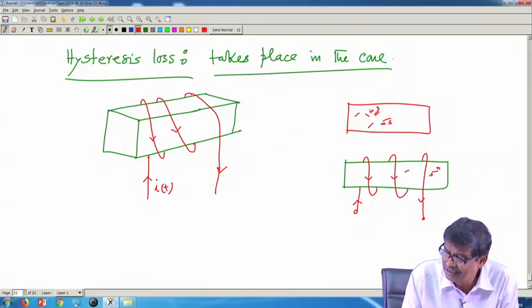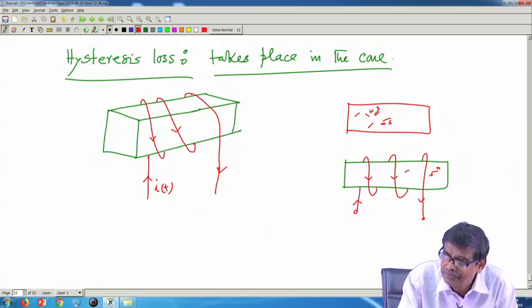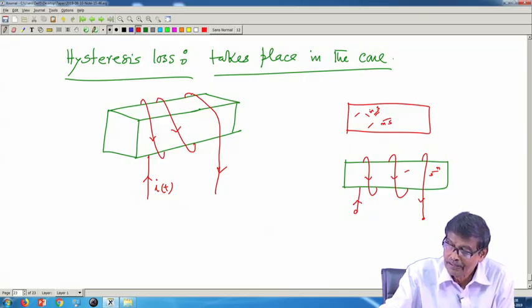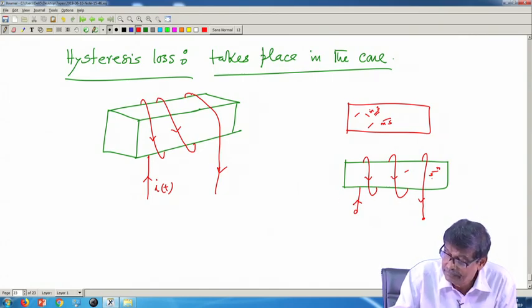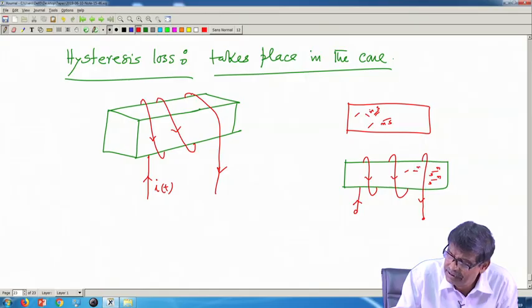If you pass a little current, they will slightly move, and pass more current, they will be further aligned NS. We study it like that even at school level.